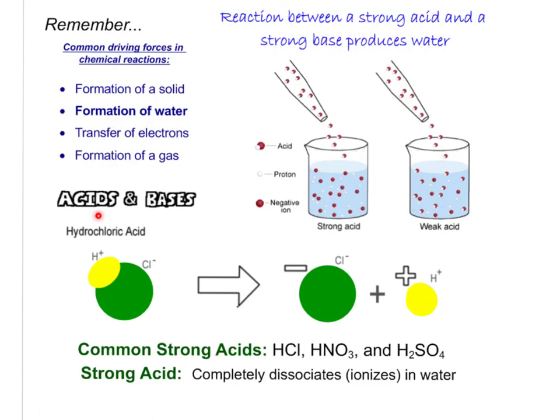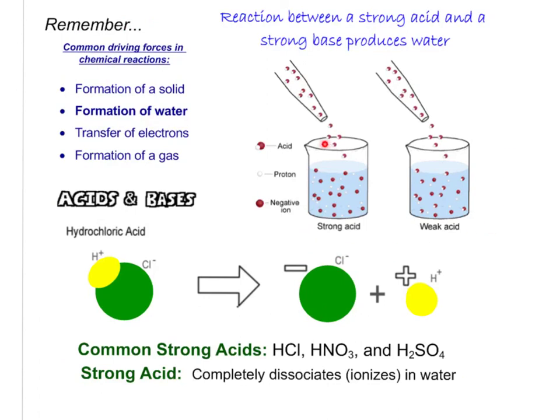Strong acids completely dissociate or ionize in water. Here's an example, hydrochloric acid. If it is a strong acid, and a strong acid will completely dissociate, meaning that for the most part, nearly all of these chloride ions and hydrogen ions will dissociate in water and float around independently.